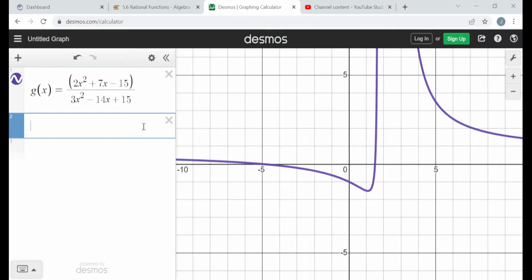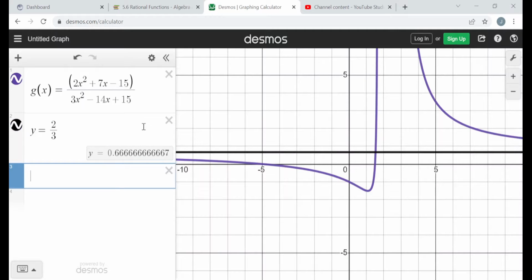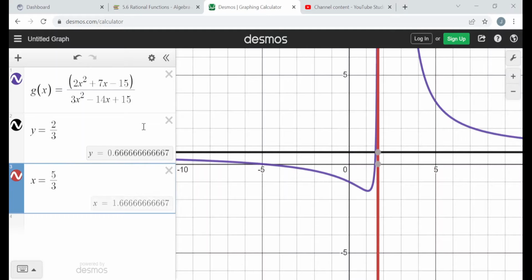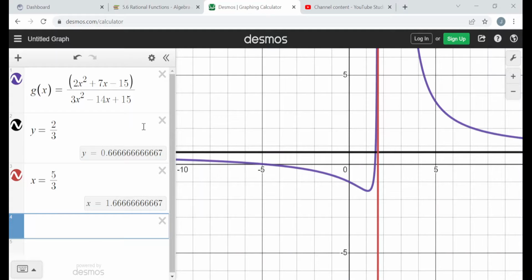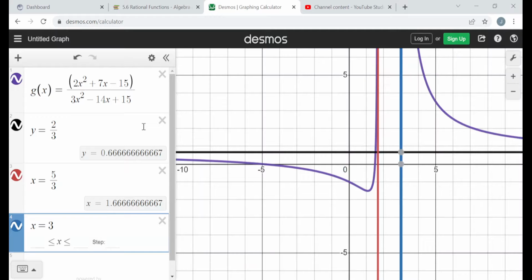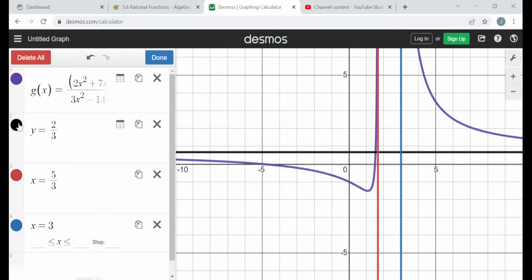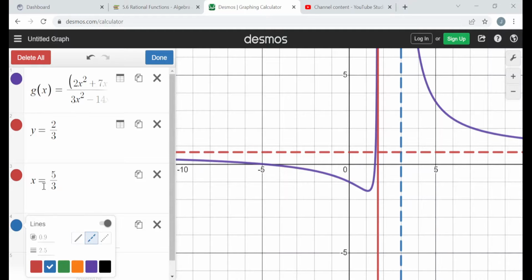And then if I put in the asymptotes, we had y equals 2/3 for the horizontal asymptote, x equals 5/3 for one of the vertical asymptotes, and x equals 3 for another one. And I'll dash all these in. Let's make them all red and make them dashed.